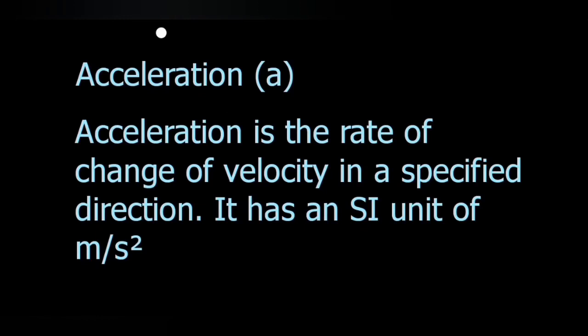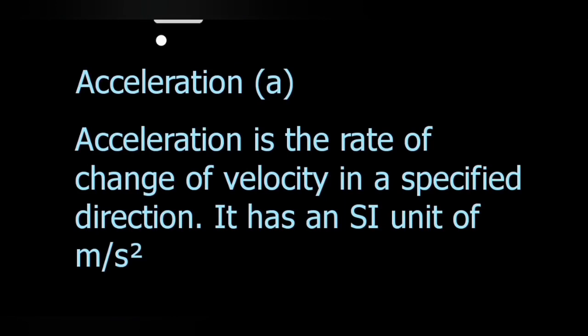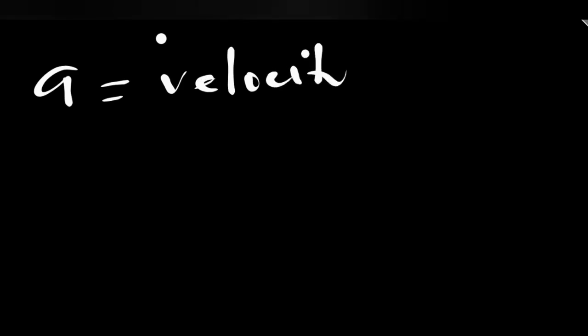Another term associated with motion is called acceleration, and it is defined as the rate of change of velocity in a specified direction. It has an SI unit of meter per second square. If we denote acceleration with letter A, then we have that acceleration is given by change in velocity over time.